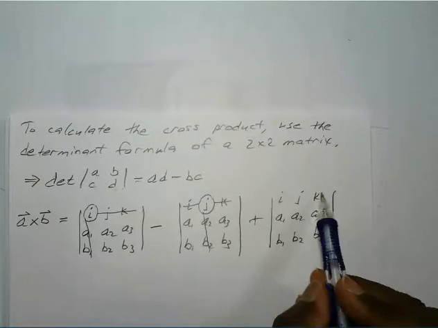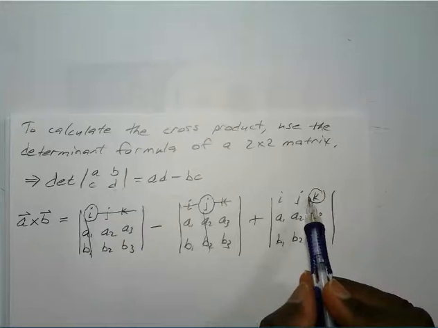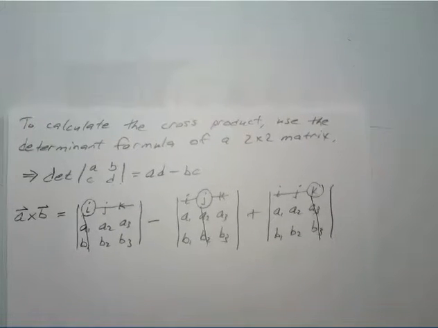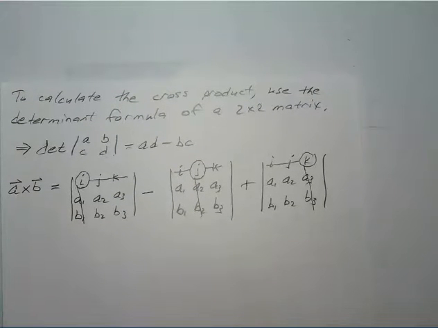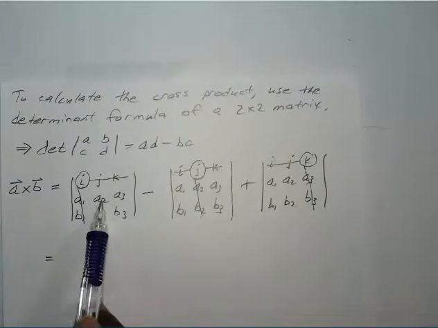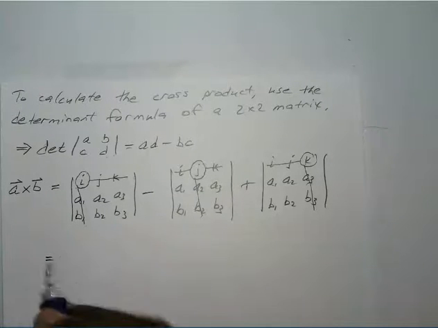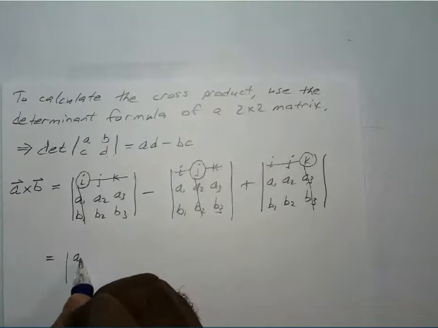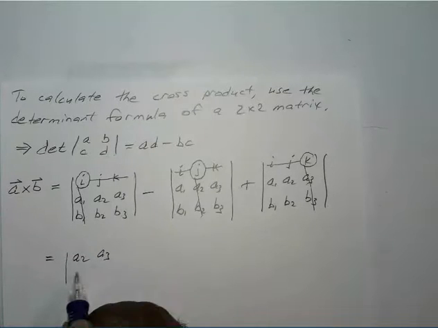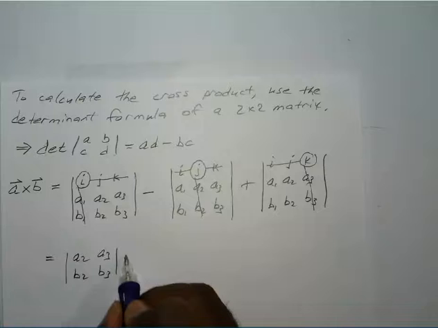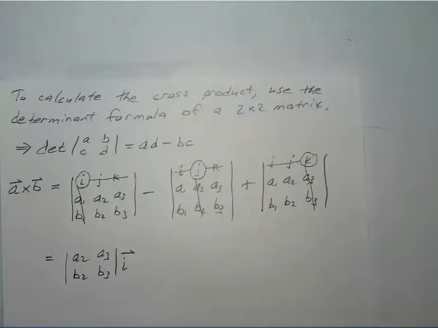For the last one, we circle the k and cross out everything in that row and column. So A2, A3, B2, and B3 are the only things not crossed out, and we multiply that by the i unit vector.